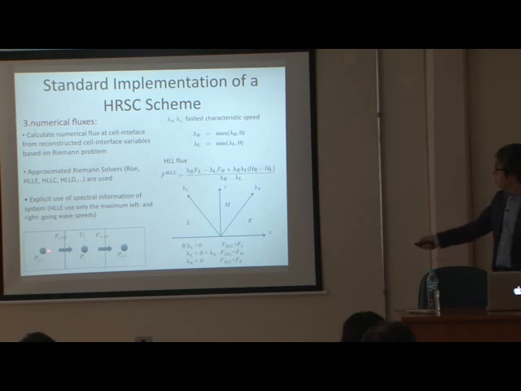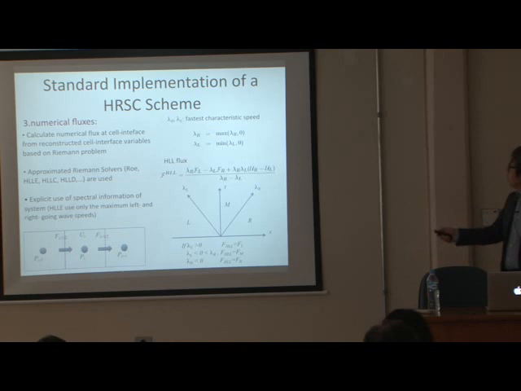So this is a schematic picture. We take the primitive variable information at the cell center, and we need the cell center values until the flux is calculated, that is, how much flux goes in one direction. We use lambda R and lambda L, the fastest characteristic speeds going to the right hand direction or left direction.